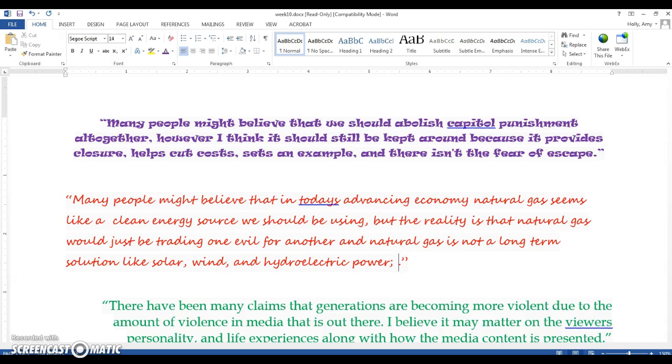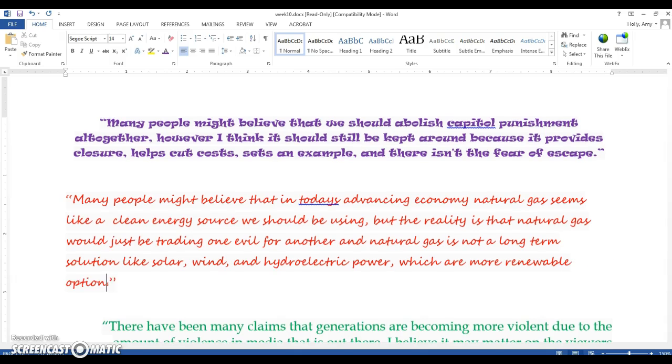So you could do an evaluation, but I think even if you have an evaluation here, something like solar, wind, and hydroelectric power are more renewable and therefore a better option or something like that, you would still, I think, be implying that there is some kind of action that should be taken based on this. So I would add that proposal directly here.